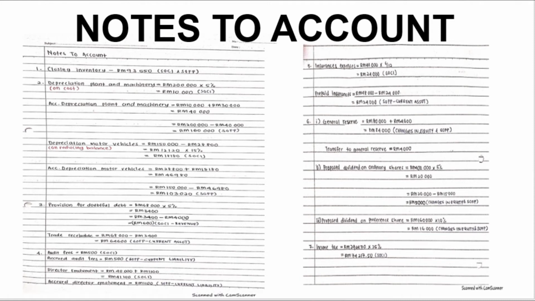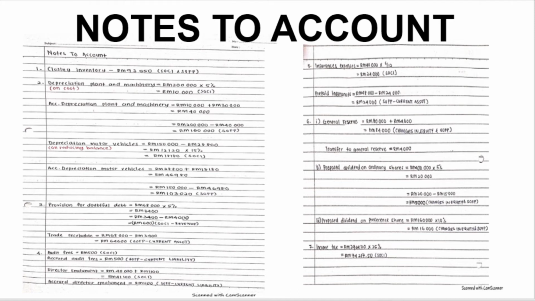Next, note 6, second Roman: propose a 5% dividend on ordinary shares. The calculation is 5% multiplied by 400,000, and the answer is 20,000.